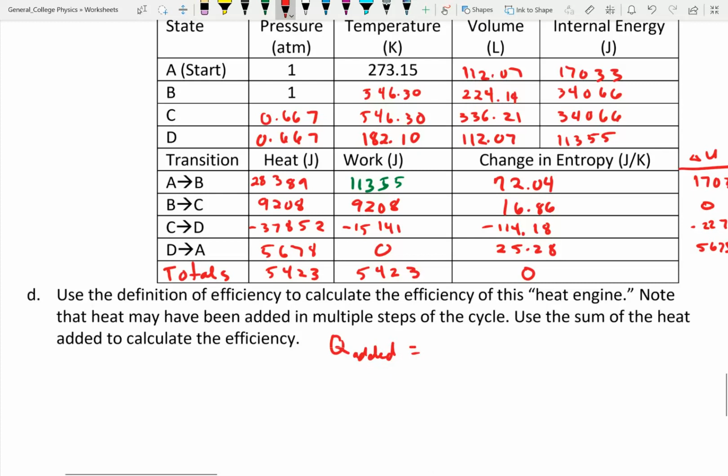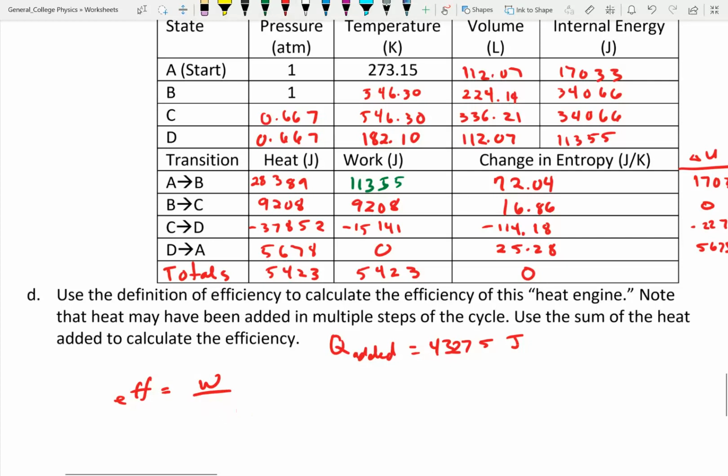I looked at the heat column: 28,389 plus 9,208 plus 5,678. And it gives you the total heat that you added is 43,275 joules.